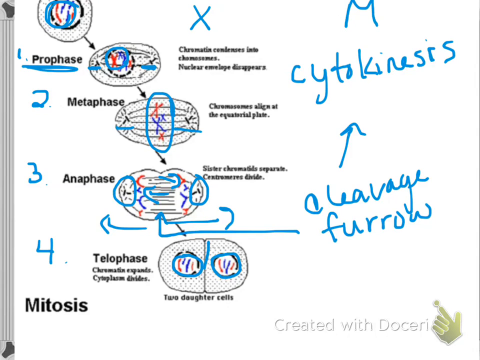The cleavage furrow deepens, these two cells will completely break in half, and cytokinesis will end, and we'll have 2 new daughter cells. They're not going to be as big as the existing cell, most likely, because the cytoplasm splits so that you can have part of the cytoplasm with some cytoplasmic organelles going to one daughter cell and the other half going to the other daughter cell. But telophase ends when cytokinesis is over. And that is the cell cycle.